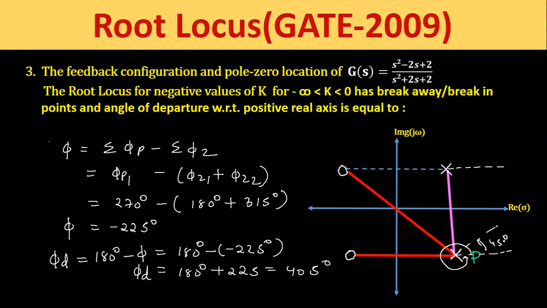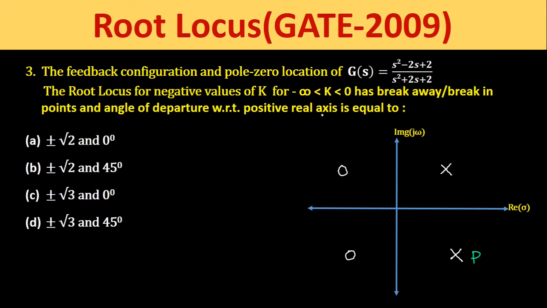That means 360 plus 45 degrees is equal to 405 degrees. So if we take the angle of departure from the positive real axis, it can be taken as 45 degrees also. That means our angle of departure can be taken as 45 degrees. So we are taking phi d equal to 45 degrees.